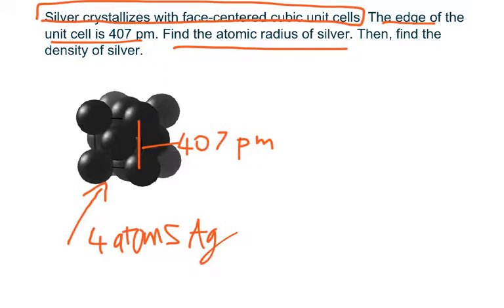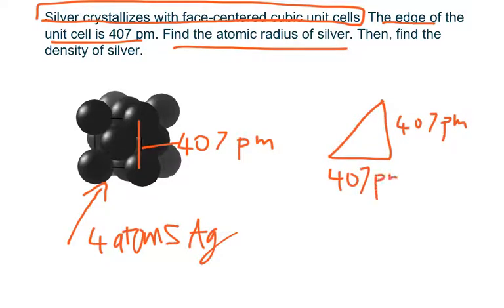Well, if you remember, the radius is just half the diameter. So it would be this little part over here. That would be the atomic radius. But how do we get that from the edge? Well, we can draw a picture, and we can draw kind of like a triangle, and this will be 407 picometers, this will be 407 picometers, and that's the edge of the unit cell.